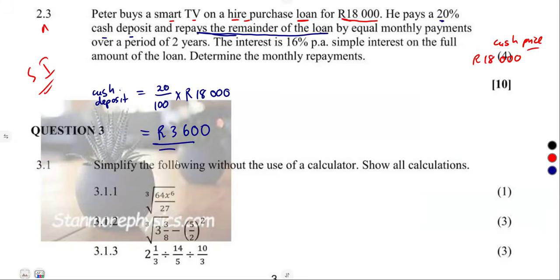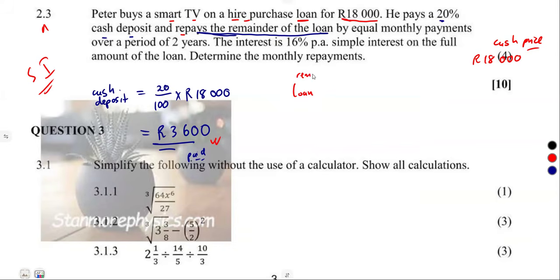This one, he paid. It's already paid. I want you to understand this question. Here they are saying, and repays the remainder of the loan. So the remainder from the cash price, because this is what he managed to pay. So our remainder is the one that was taken as a loan to be repaid.